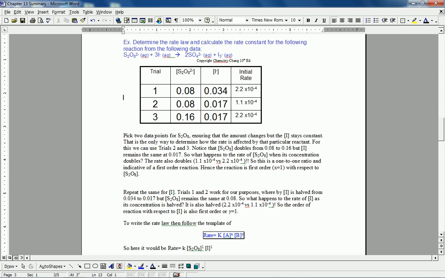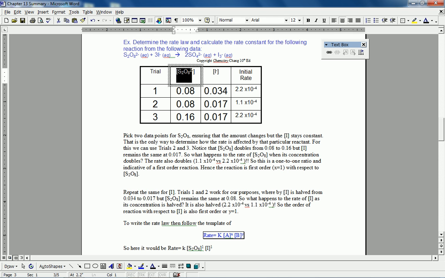In order for me to determine the reaction order with respect to S2O8, I need to look at how the change in concentration of this reactant affects the rate. That means I need the concentration to change for S2O8, but I need it to be held constant for I minus, so that whatever change occurs in the S2O8, I can see by what value that affects the rate.